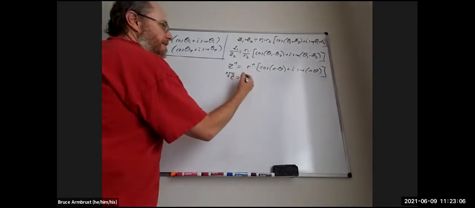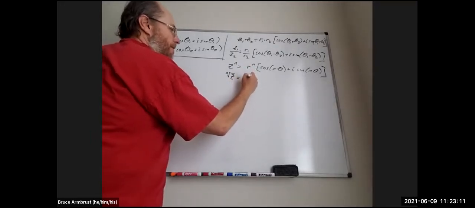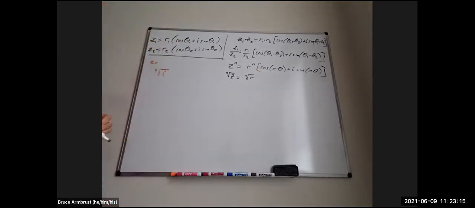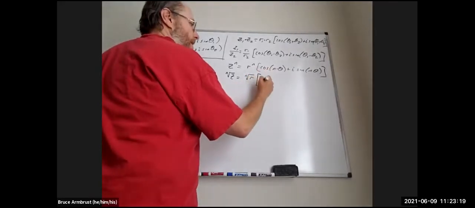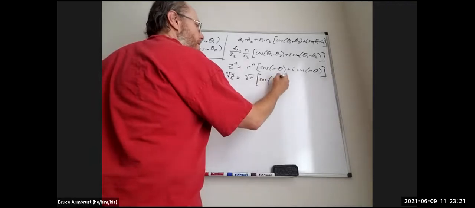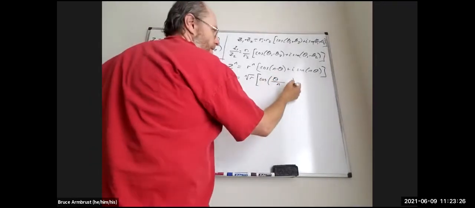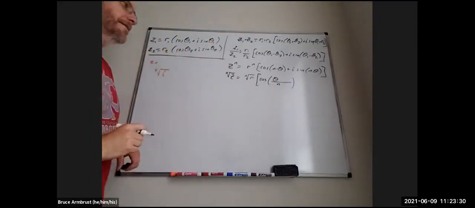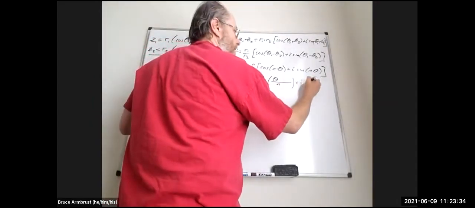So instead of raising to the nth power, we're going to raise to the 1/nth power. So we're going to take the nth root. And now instead of multiplying by n, we're going to divide by n. But you'll notice I'm leaving a little space because there is something we're going to have to take care of. And I'll address that in a second.